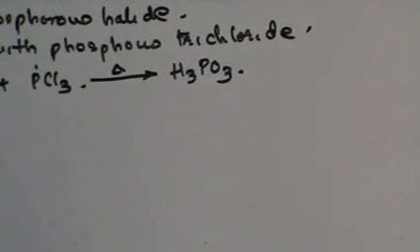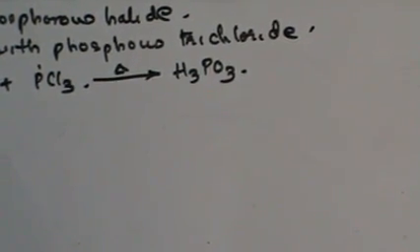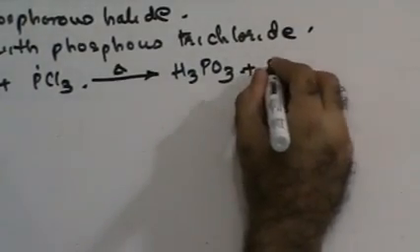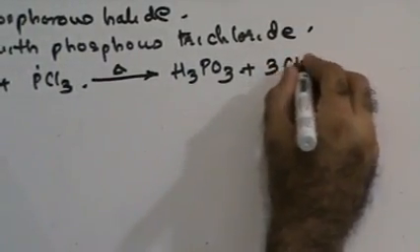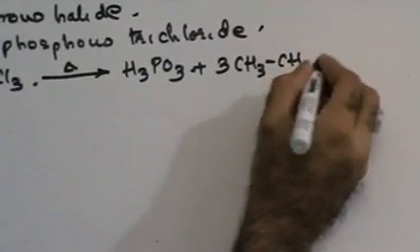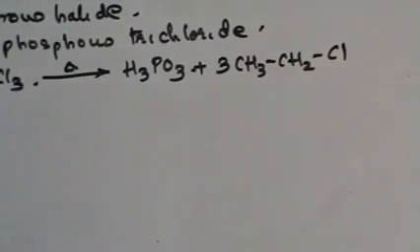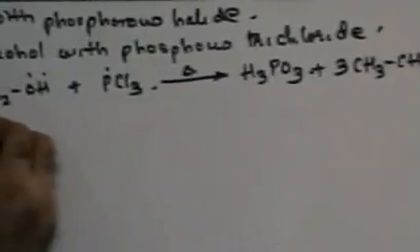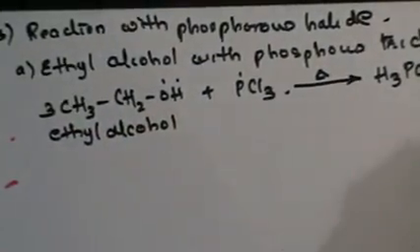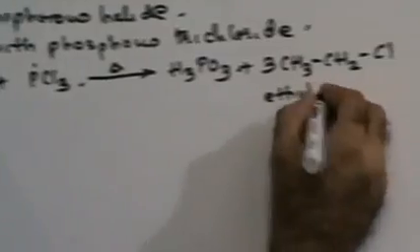So the entire hydroxyl group is substituted. Once the hydroxyl group is substituted, this will leave you with 3CH3CH2Cl. This is ethyl alcohol and this is ethyl chloride.